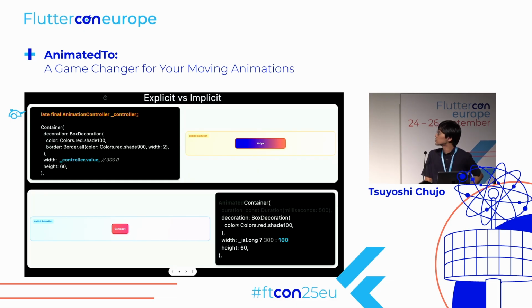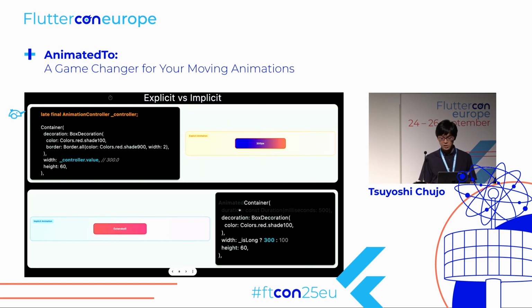implicit animation in contrast? We have a container again, and I just applied the value of 100 here. But if its long flag is true, the other value 300 is applied to the container. Let me tap the box, and now the long flag changes to true and 300 is applied to the width of the box, but it doesn't animate anything because it's just a container.